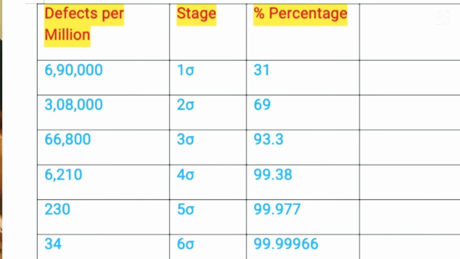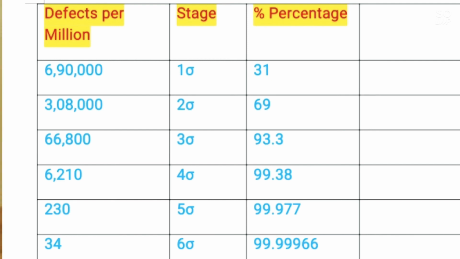So if we follow 5 sigma level, 230 defects per million and the quality will be 99.9777. Now the most important thing is 6 sigma. Look at the table, 3.4 defects per million. That means the quality percentage increases to 99.9996677.